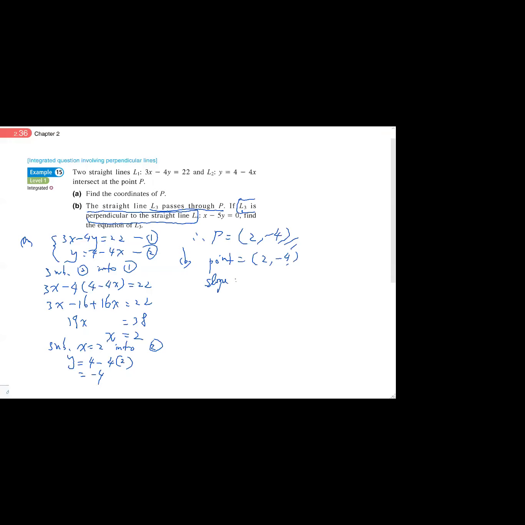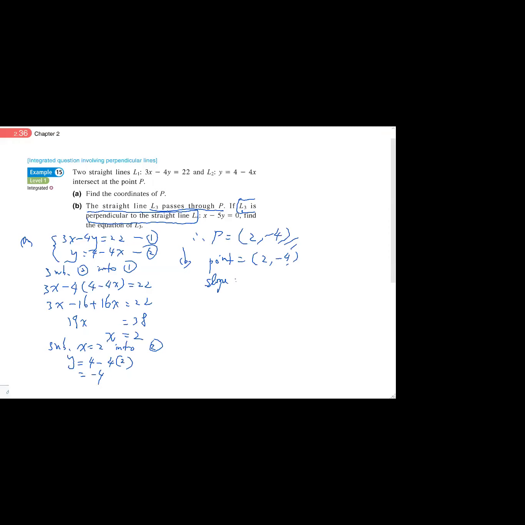So we know that M3 times M4 is equal to -1, right? But we need to find M4 first. We do not have M4, but we have the equation of L4. So we need to find the slope of L4 from the equation of L4.